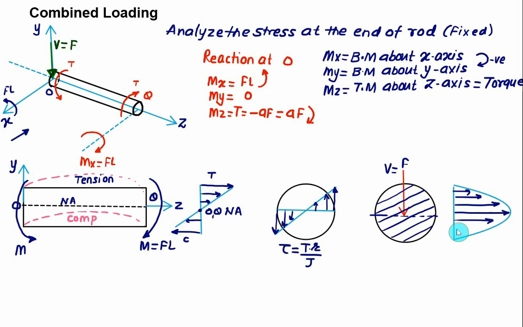So this one is the shear stress distribution. The average value of the shear stress will be equal to the shear force V divided by area A, and here this value represents the maximum shear stress, that is at the neutral axis. So shear stress at the neutral axis in the case of a circular section will be 4 by 3 times tau average.